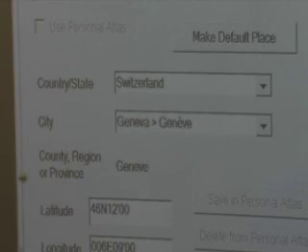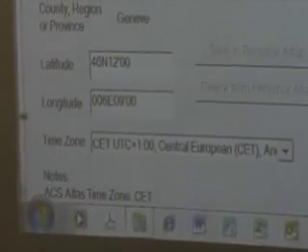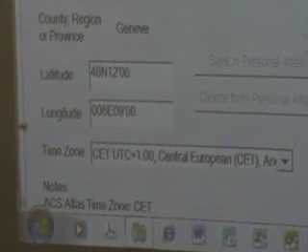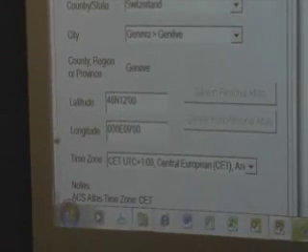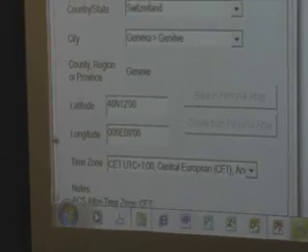So now what I have to do is go down here and find the where. What if you just press enter? You know, that used to work. My screen here is too small.